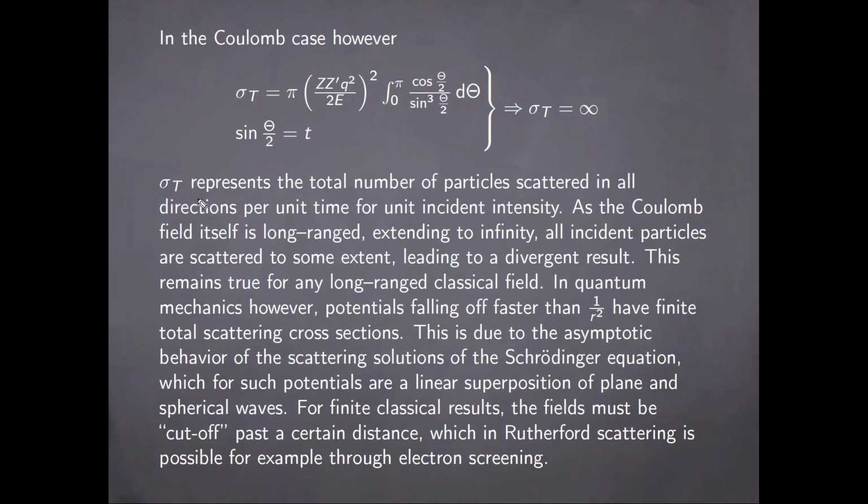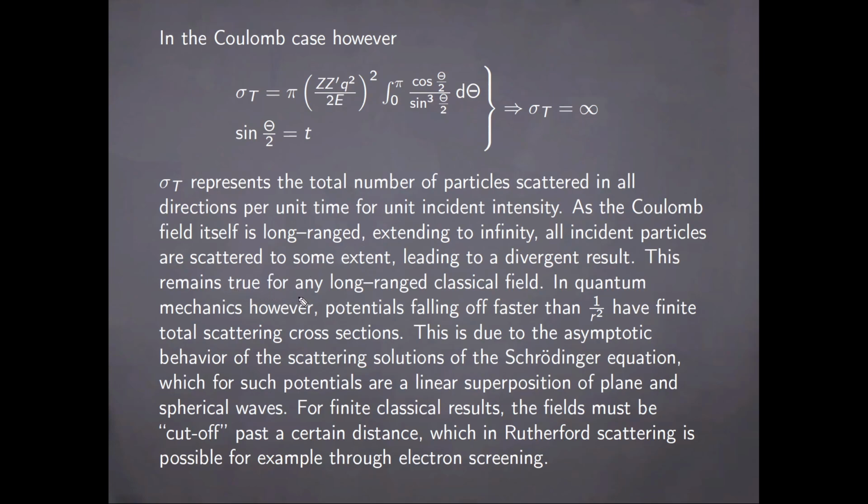This is because the total cross section represents the total number of particles scattered in all directions per unit time for unit incident intensity. As the Coulomb field itself is long range and extends to infinity, all incident particles are scattered to some extent, leading to a divergent result.